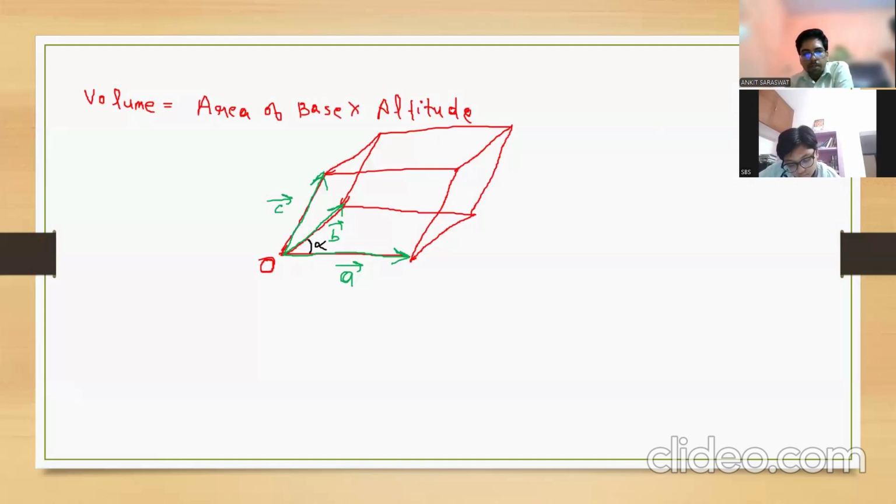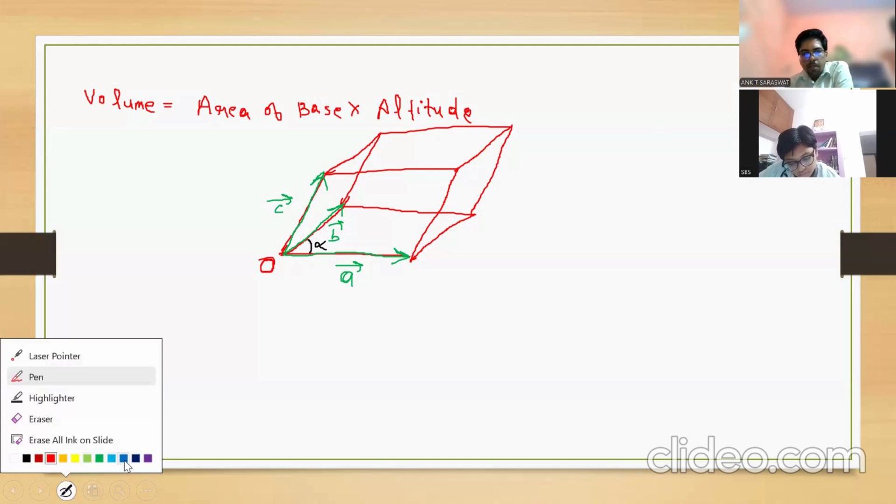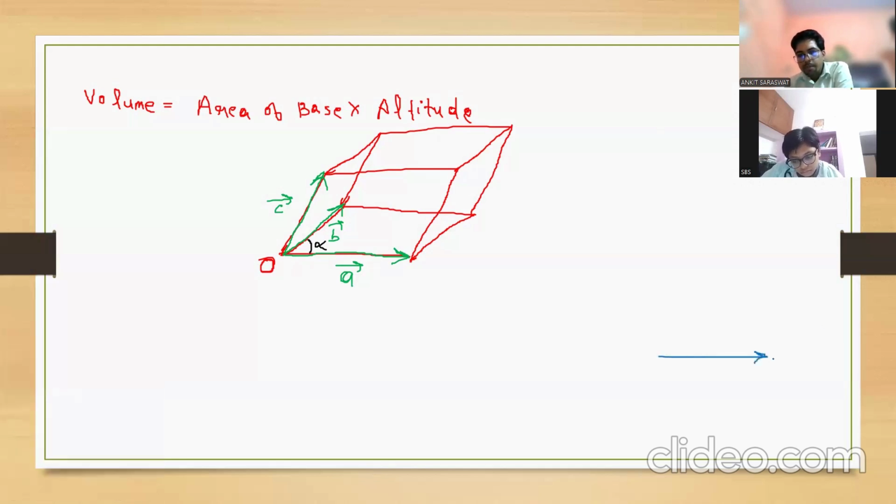So look here. This is the A vector, this is the B vector, and this is the C vector.